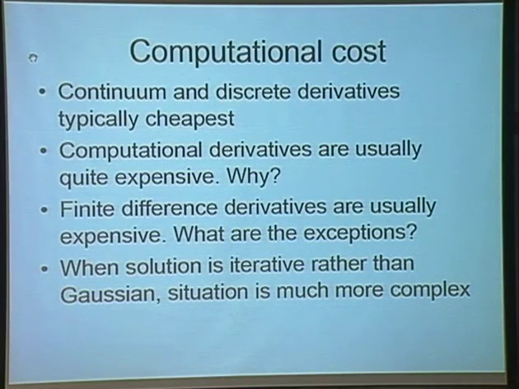It doesn't matter whether it's continuum or whether it's discrete, we still do that. Computational derivative, on the other hand, where you just take your computer program and you call for ADIFOR or ADOL-C to differentiate it for you, will be expensive. Could anybody tell me why?